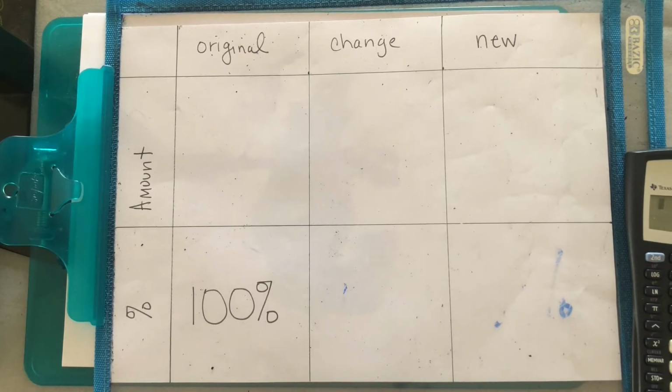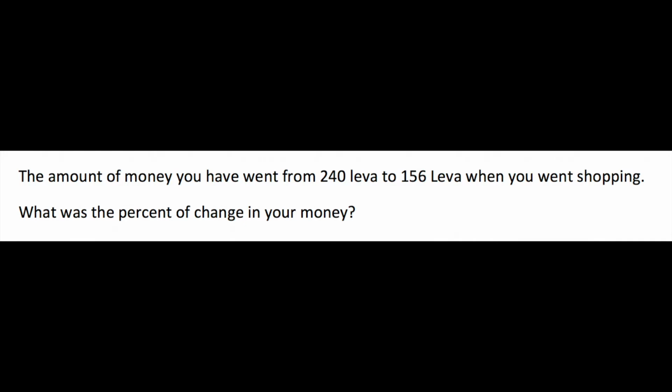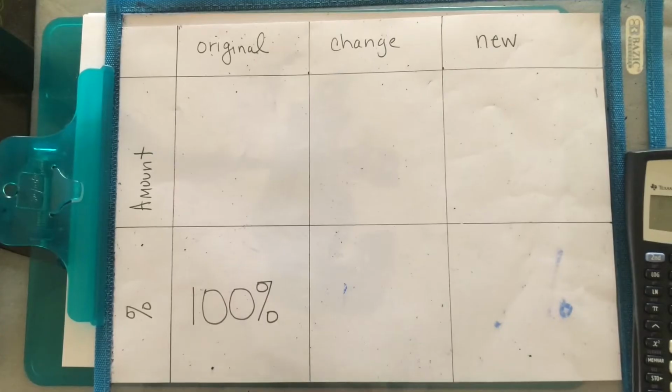All right, here's the first question. The amount of money you have went from 240 leva to 156 leva when you went shopping. What is the percent of change in your money? All right, so let's fill in what we know. So it says that the amount of money you have went from 240 leva to 156 leva when you went shopping.